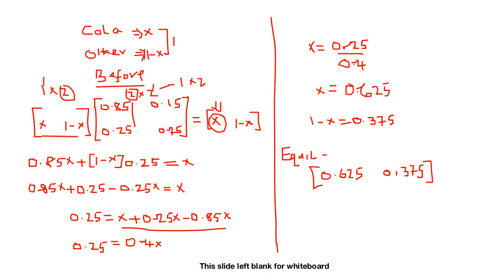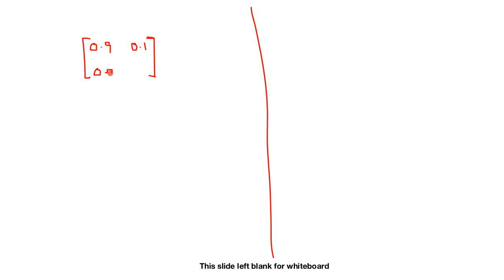We'll use the conditions that we have been given in example 1 after advertising: 0.9 and 0.1, then 0.3, and lastly 0.7.